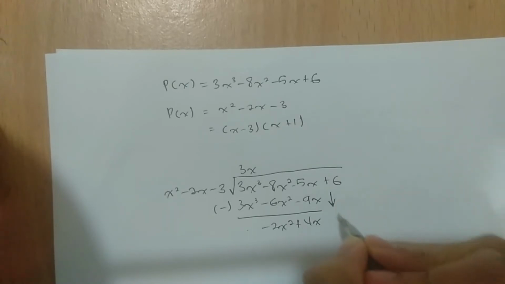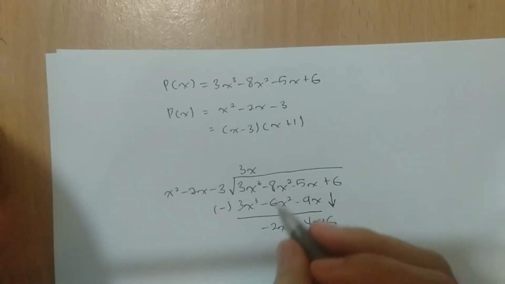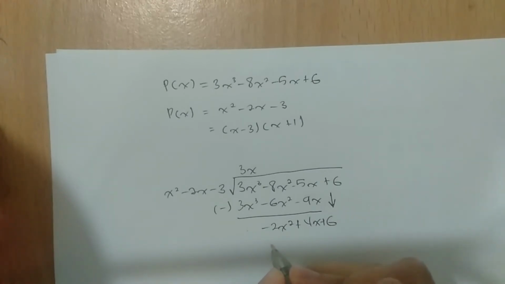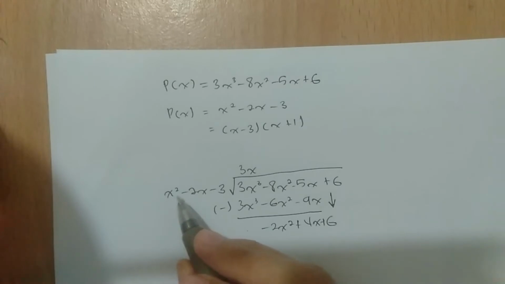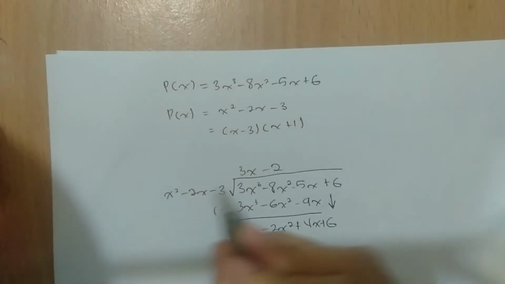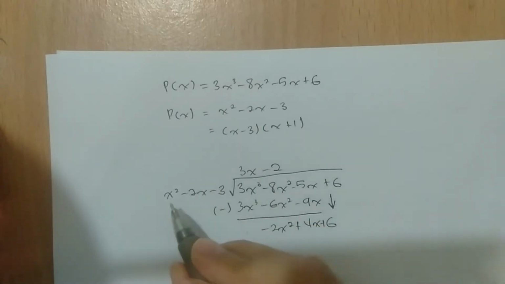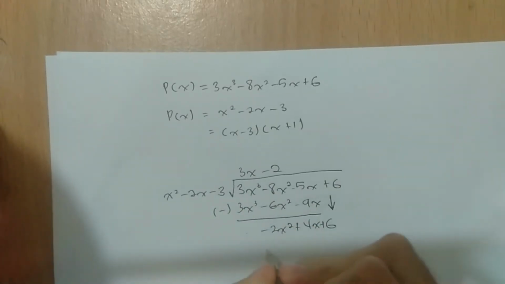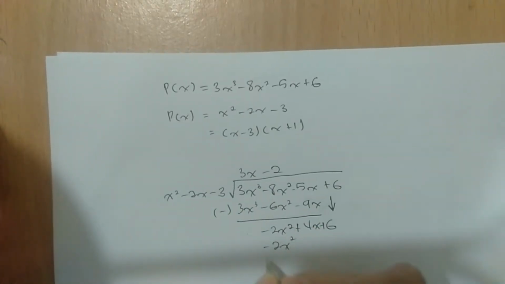So we put down the number. So we do the same like we did before. Negative 2x squared, we divide with x squared, which we will get negative 2. Negative 2 multiply with x squared, we will get negative 2x squared.